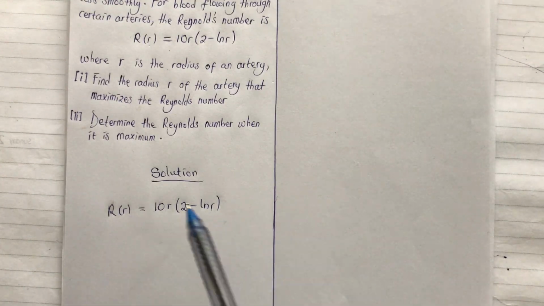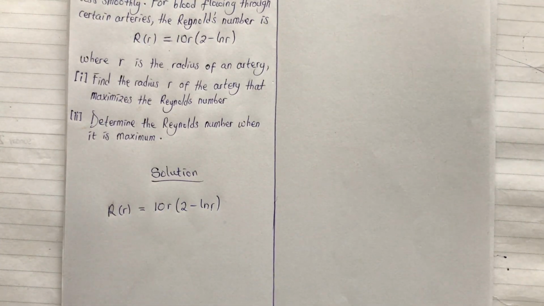When that happens, now we have two separate functions multiplying themselves. And then we can apply what we call the product rule in differentiation to complete this task. Now this will help us to be able to make r the subject. Then we can find the value of r from there.